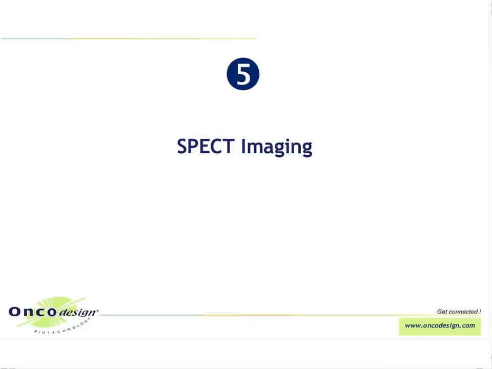The last part is the use of SPECT imaging to perform antibody biodistribution in vivo.